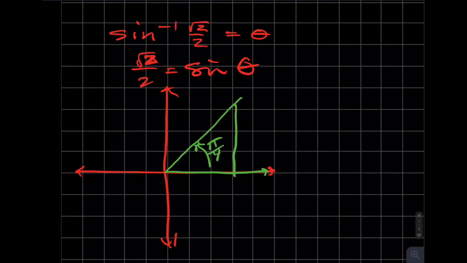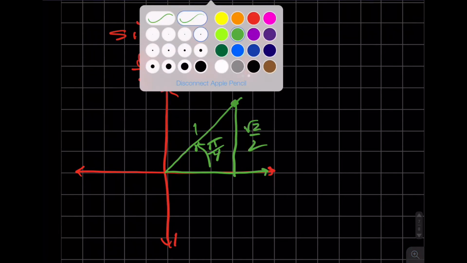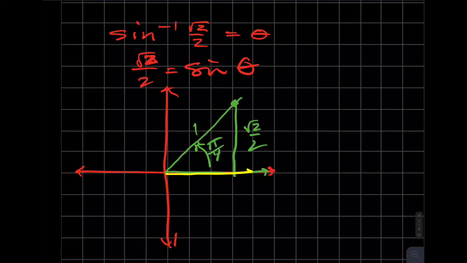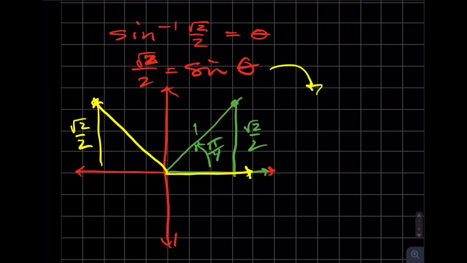Recall its height, or y-coordinate of the point where the terminal side crosses the unit circle, at a radius of 1, would be radical 2 over 2. But there is this guy over here as well that also has a positive radical 2 over 2 for its height. So there are two angles in this solution, pi over 4 and 3 pi over 4.